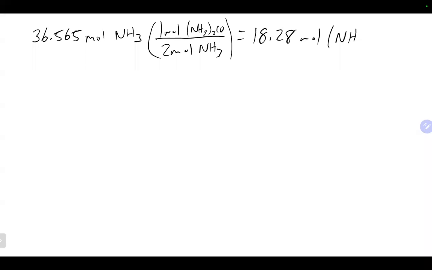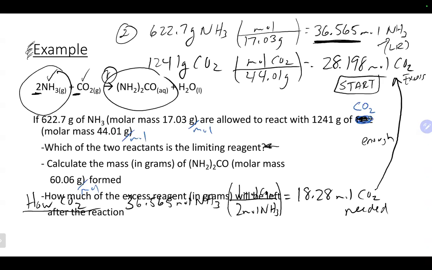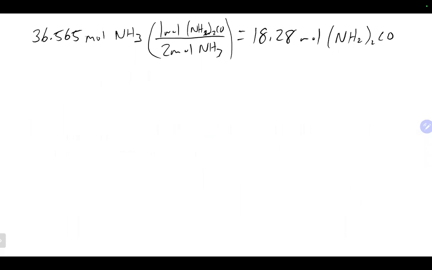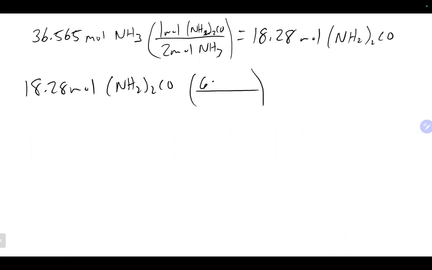H2N2CO. And we could then convert it into grams by using the molar mass that they gave us, which was 60.06 in this case. So using our molar mass here of 60.06, which again, if not given to you, the periodic table is where you would get that, gets us roughly 1098 grams of our product here.